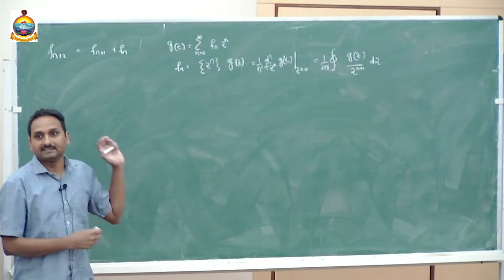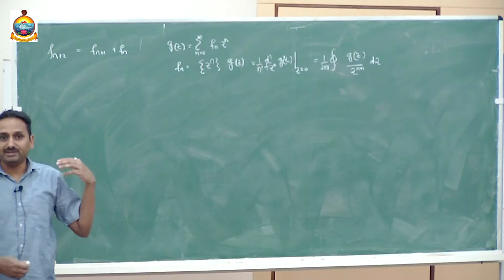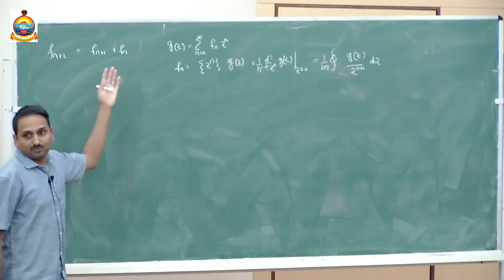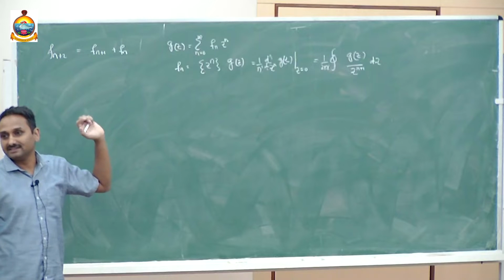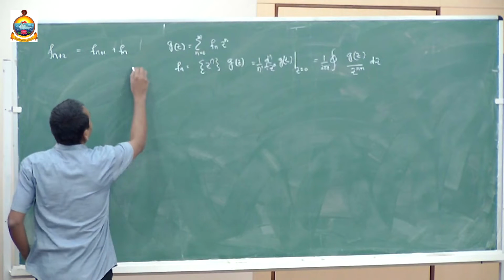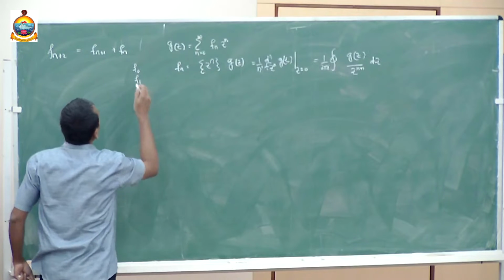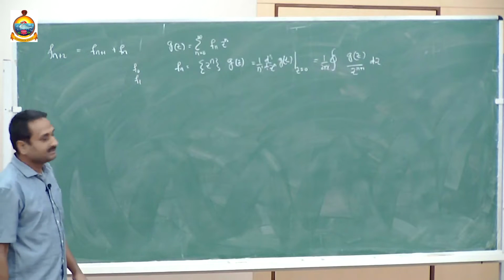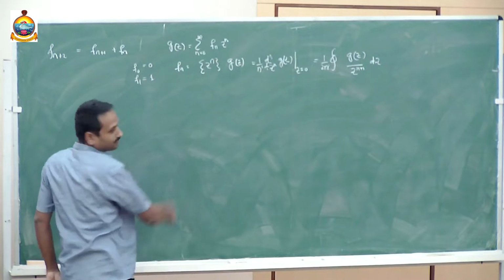Did you find it? Can you tell me for this one what is g(z)? Anyway, this recursion would not work unless you give a boundary condition. How many boundary conditions do you need? Two, right? So let's say that f0 and f1 are given, maybe f0 equal to 0 and f1 equal to 1, or you can call it 1 and 1.